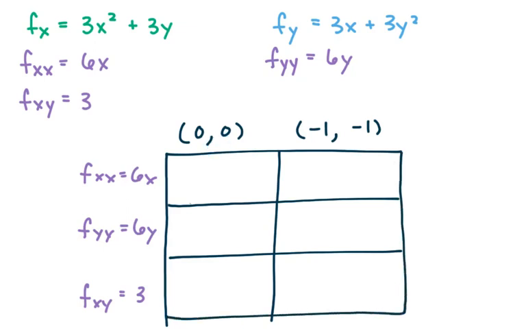So if I plug (0, 0) in here, I get out 0. If I plug (0, 0) into 6y, again I get 0. And plugging (0, 0) into 3, I can't. That is a constant. I have 3. All right. Then we look at (-1, -1). I will get negative 6, negative 6, and 3.